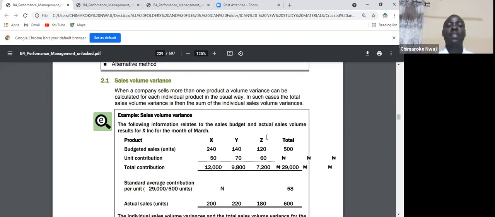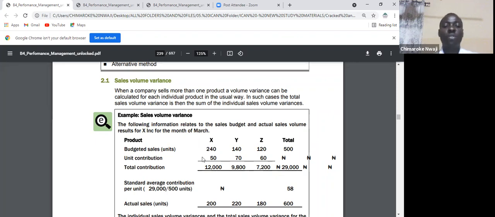When we are looking at sales, we are not looking at materials, we're looking at final output, products. So we have X, Y, Z, different products. This is the standard budget we are making. We budgeted to sell 240 of X, 140 of Y, and 120 of Z, making a total of 500 units budgeted.